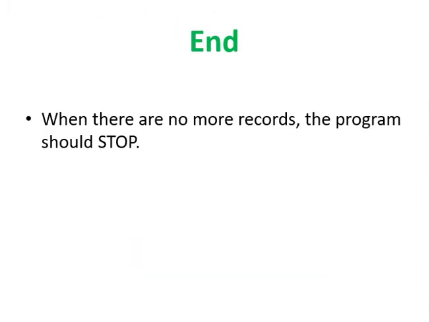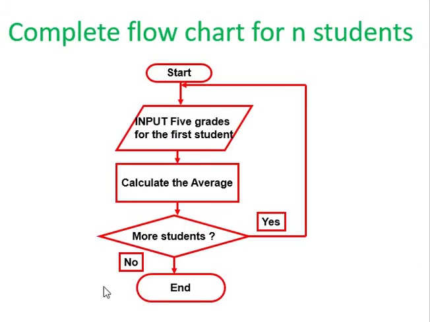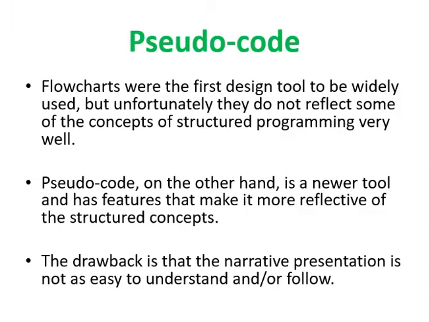And after the satisfaction of your statement, and you have completed your flowchart, you need to stop the program. Once the decision output is no, then you have to include the end. Here we start the program, then the end symbol we use to close the program.